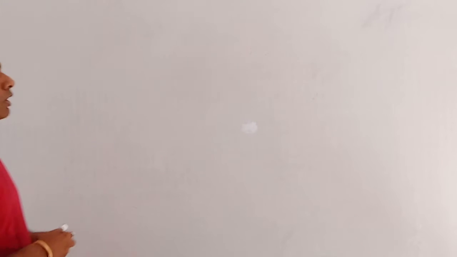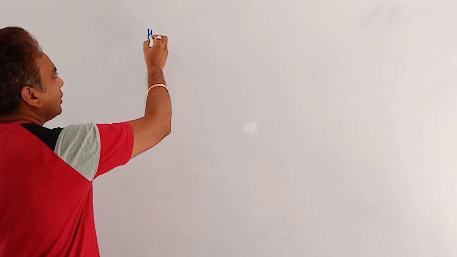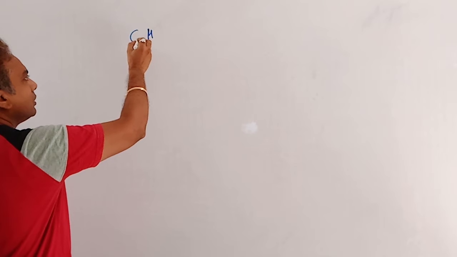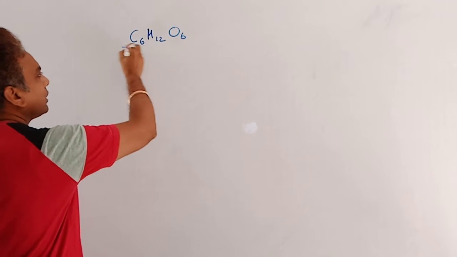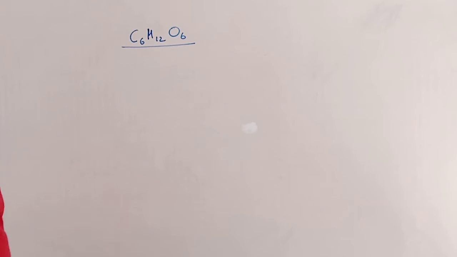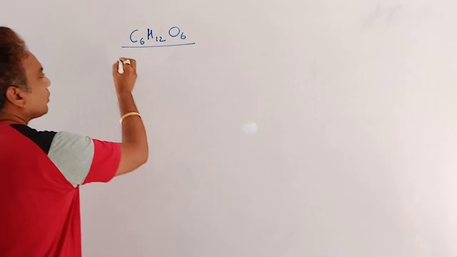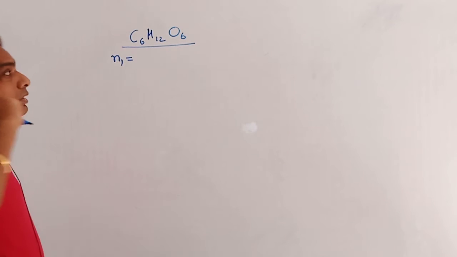Now, one more example, like we have the molecule C6H12O6. We know that the molecule is glucose or fructose, and without any dot structure, if we want to calculate the total number of BP, LP as well as sigma and pi bonds, then the procedure will be: calculate the value of N1.